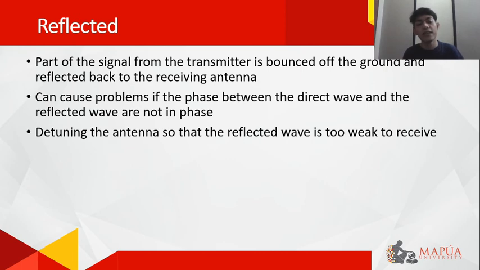The next type is the reflected wave. In this type, part of the signal from the transmitter is bounced off the ground and reflected back to the receiving antenna. It can cause problems if the direct wave and the reflected wave are not in phase, so the antenna is tuned so that the reflected wave is too weak to receive.